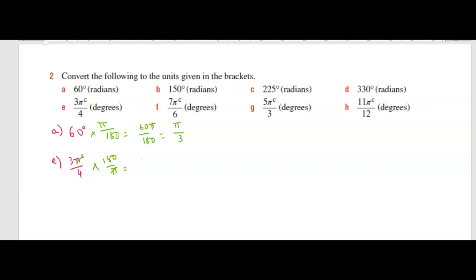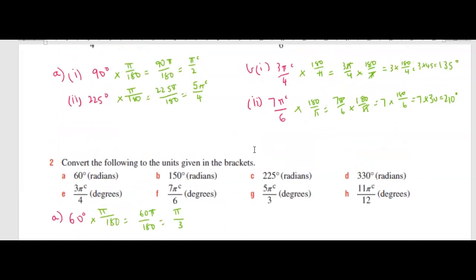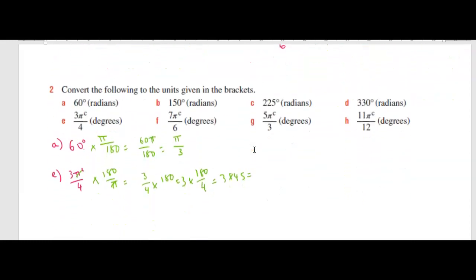And then we're left with 3/4 times 180, which is the same as 3 times 180 on 4. 180 on 4 is 45, so 3 times 45. Oh, we just did that one, didn't we? 3 pi on 4. 135.